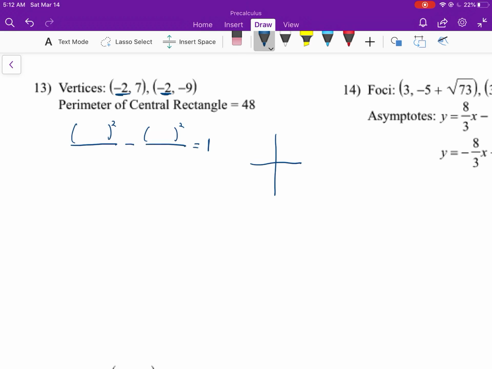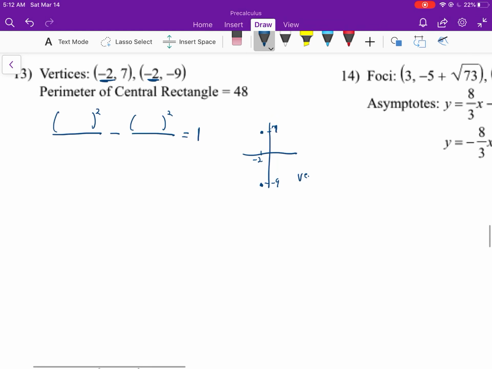But if we're at negative 2, 7, and negative 2, negative 9, we definitely see that's a 7, this is negative 9. This is going to be a vertically facing hyperbola, which means, so vertically means that the Y value is first, or Y comes first. So we need a Y here and an X here.